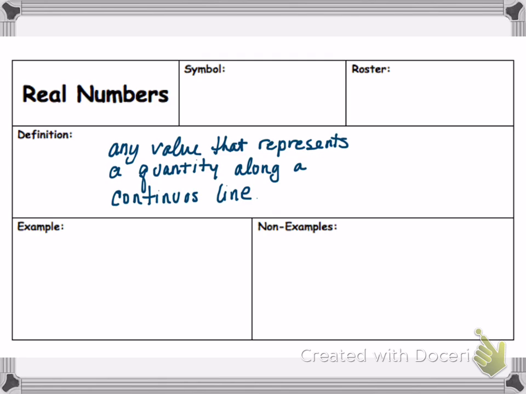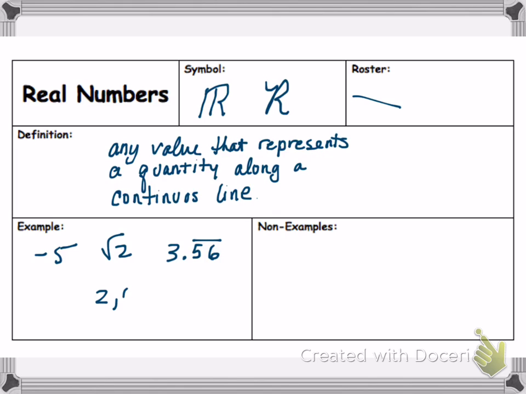The symbol for the real numbers is an R with a double bar, or sometimes just kind of a fancy cursive R. No roster for real numbers there. It would be too many things there. And it's really all the examples we've talked about. Any value that exists in real life is a real number.